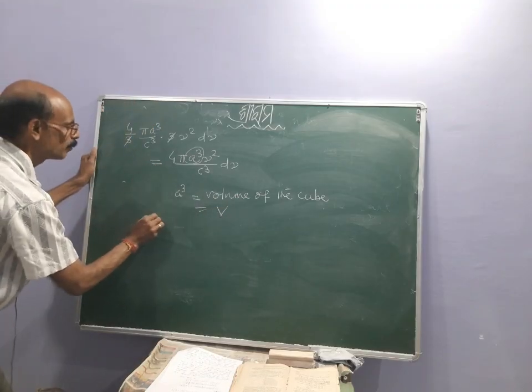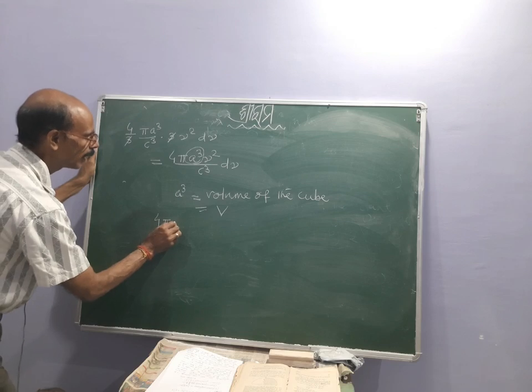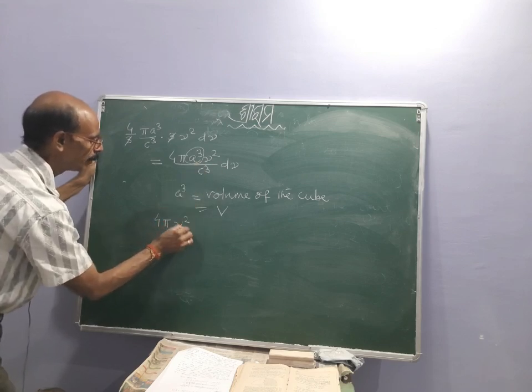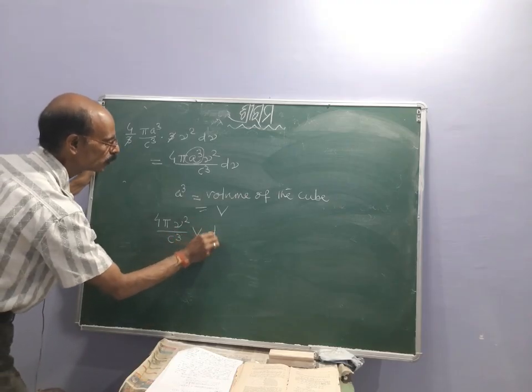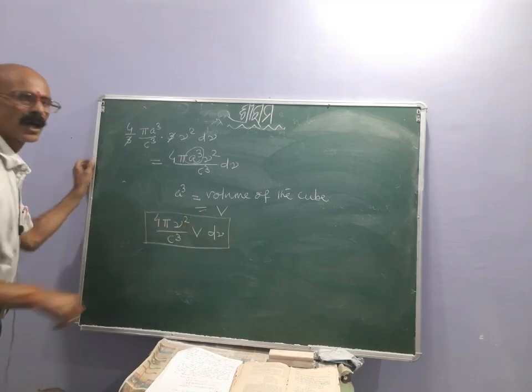So the number of sets of modes of vibration will be 4 pi nu square by c cube into this V into d nu. So this is the sets of modes of vibration.